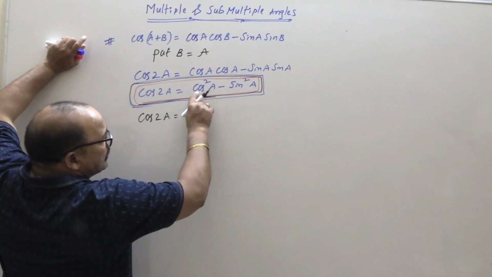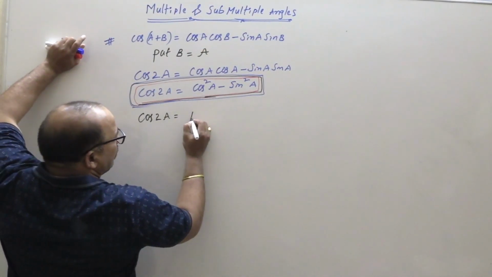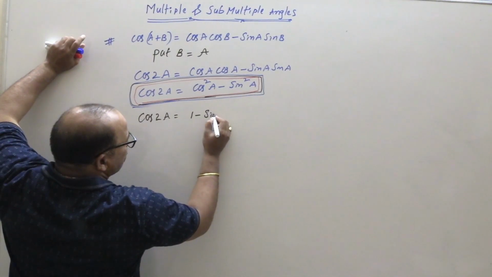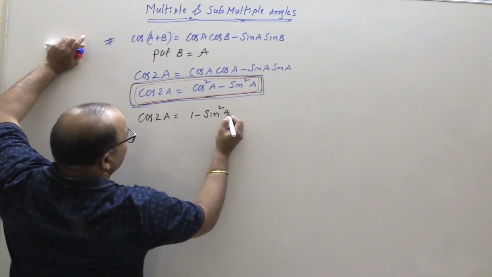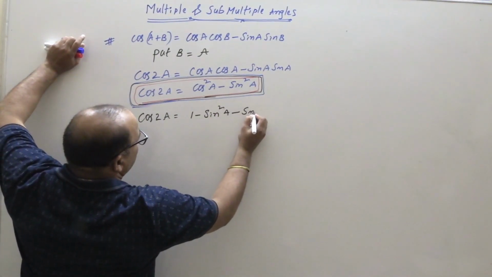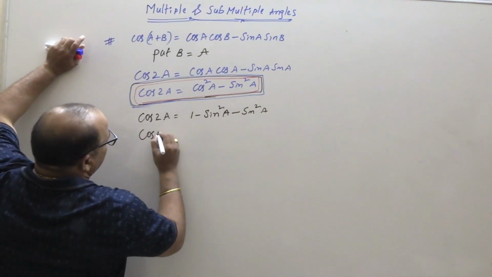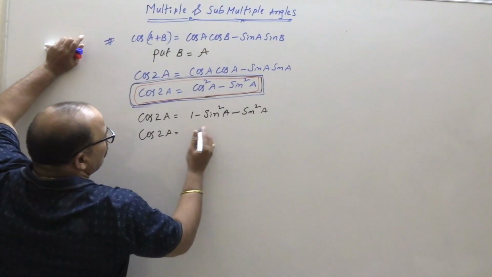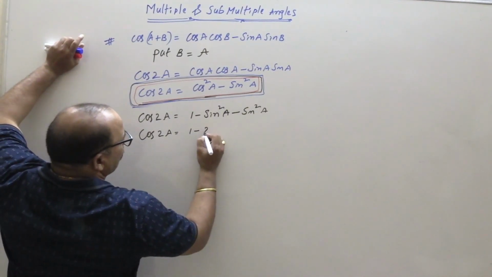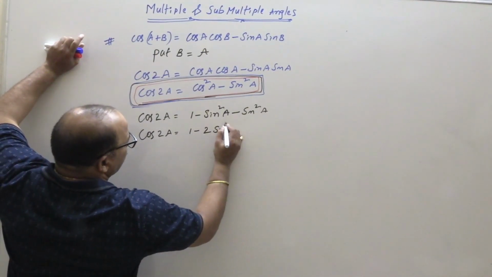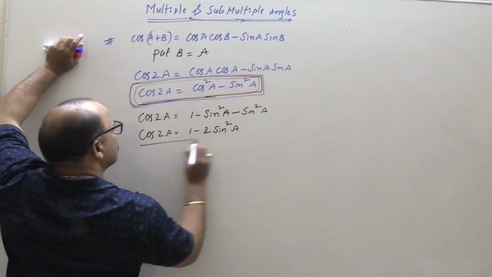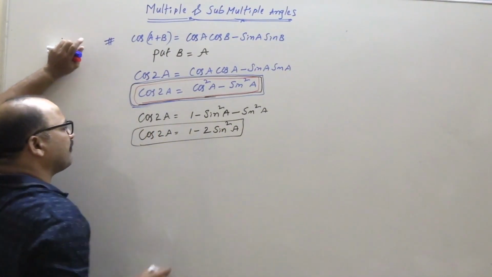Instead of cos square a, 1 minus sin square a. Already sin square a is existing, students. Cos 2a is equal to 1 minus sin square a minus sin square a, that is 1 minus 2 sin square a. Crystal clear, students? This is the one formula.